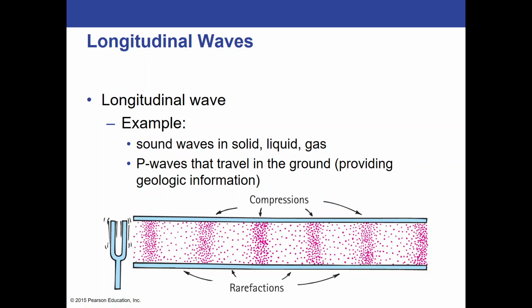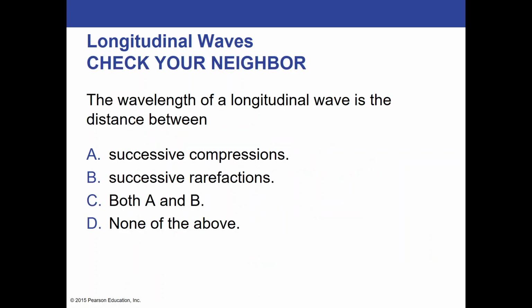So P waves in the earthquake are just compressions. And remember, even though when you saw the animation of these particles, it looks like the entire particles are moving to the right, if you actually stare at any particle, it's barely moving. So the wavelength of a longitudinal wave would be what?